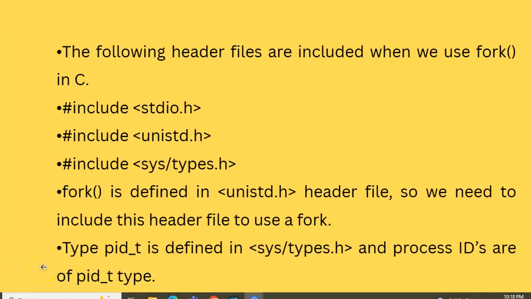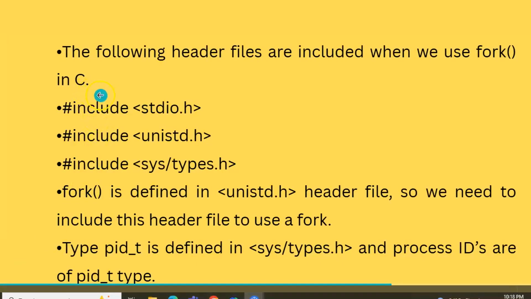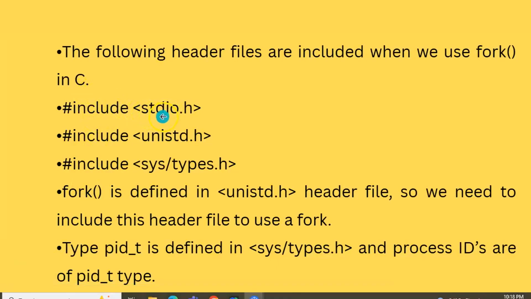Let us see the header files to be used when we use fork in the C programming language. The first header file is stdio.h, the standard input output header file which we use in all C programs.